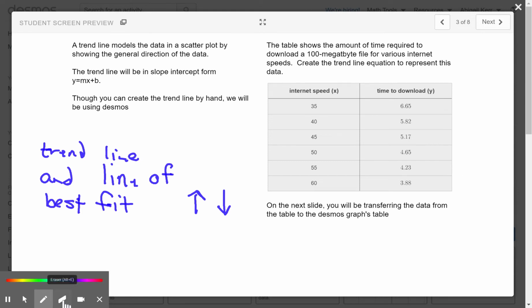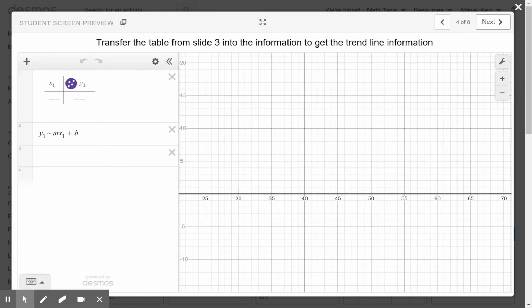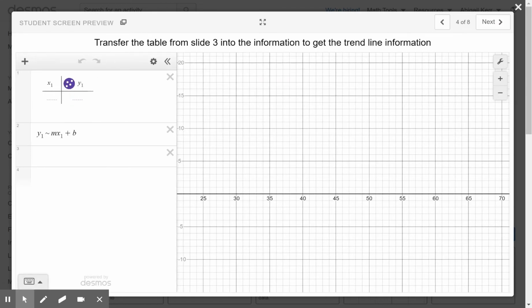So I recommend writing down the table or flipping back and forth between the slides or even taking a picture, because in the next slide, you're actually going to input the data. So the table is already set up for you. So from there, just start typing, even the decimals. So you don't want to leave any part out.